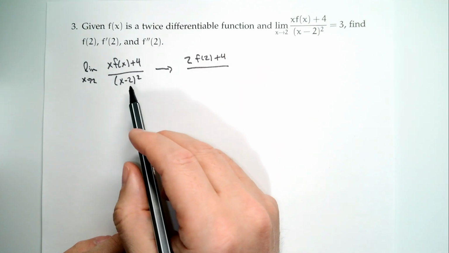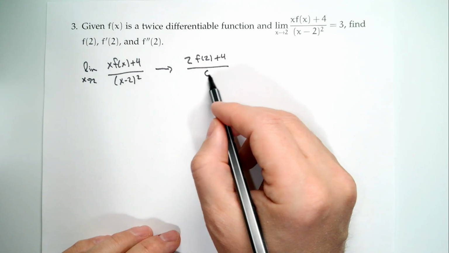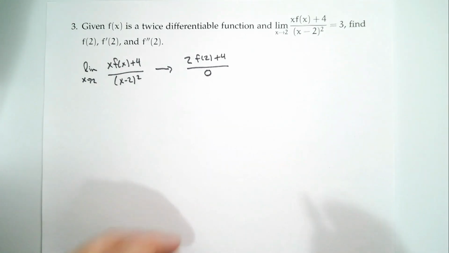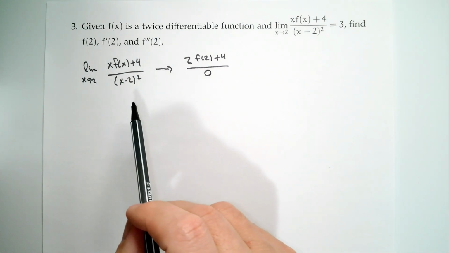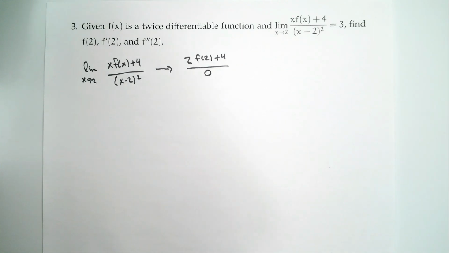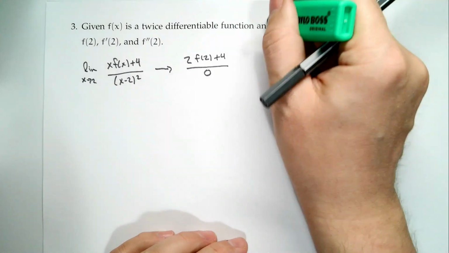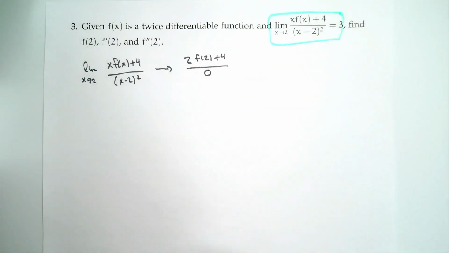Downstairs, 2 minus 2 squared, that's 0. All right, now at this point you're probably thinking, all right, well, what does that mean? Well, notice something. Does this limit exist? The answer is yes. And how do we know that? We know the limit exists because it says it right here. We know the limit is 3. So the limit has to exist.